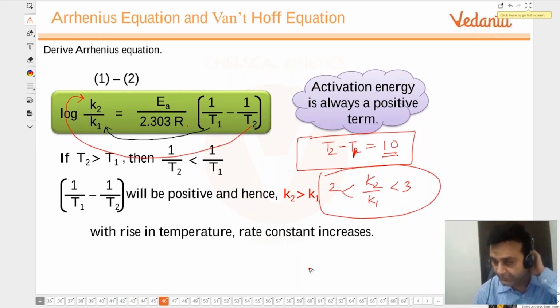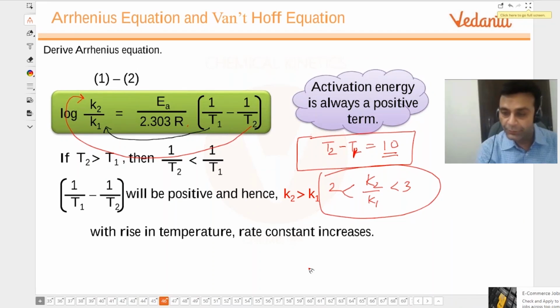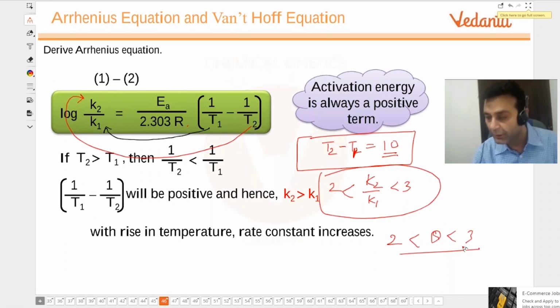Are you getting me? Yes. I'm not getting you, Yash. So I say this is the theta value that becomes double to triple.